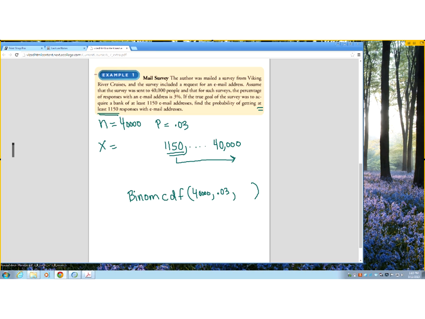And then for x, I remember whatever we enter here at the end, it's going to calculate that value of x and everything to the left. But that's not what we want. We want 1,150 and everything to the right. So you kind of have to work your way around how that CDF works.